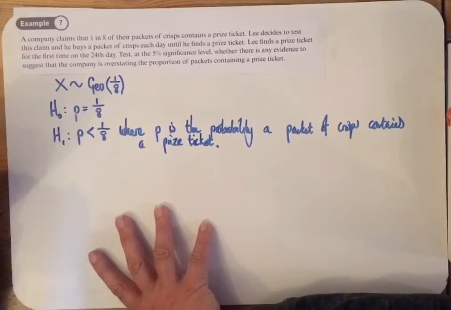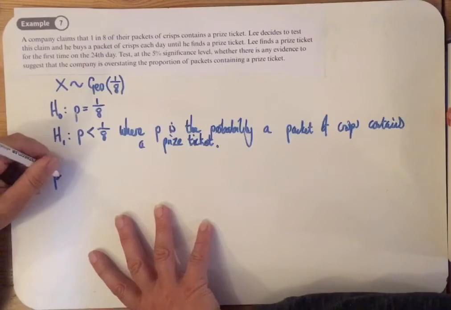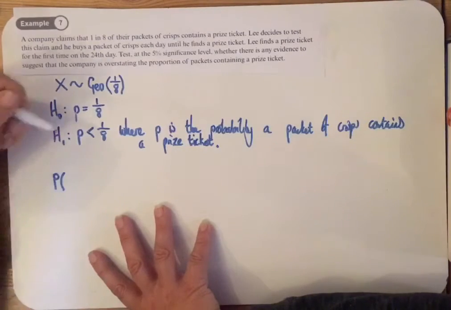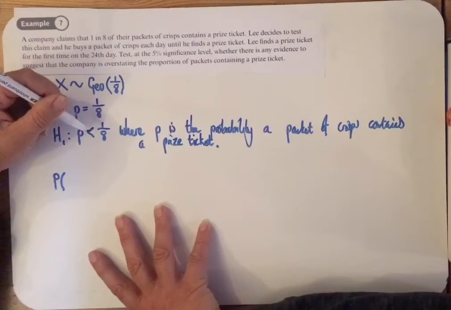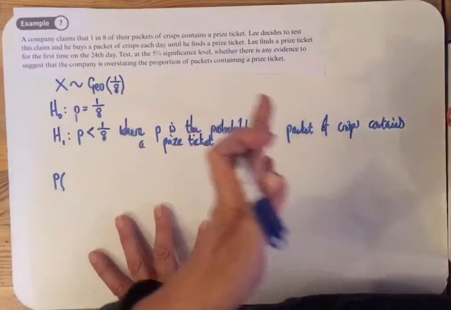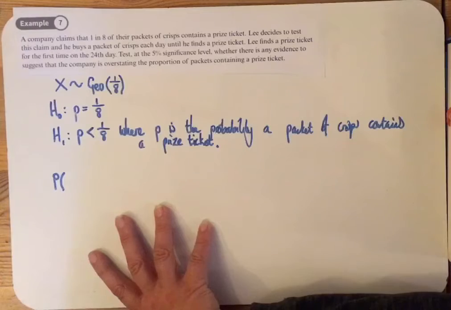So, the first success was on the 24th day. If P is less than 1/8, that means that your first success is going to come later on. It's going to take you longer to get a success.